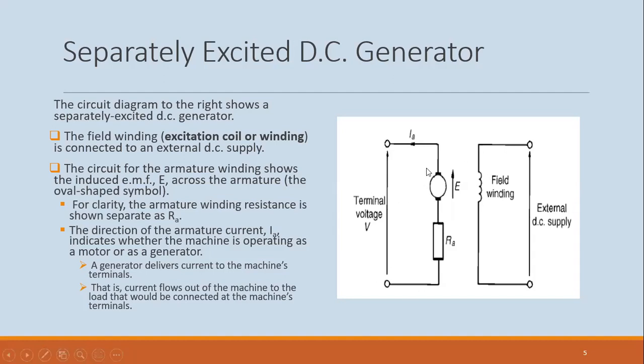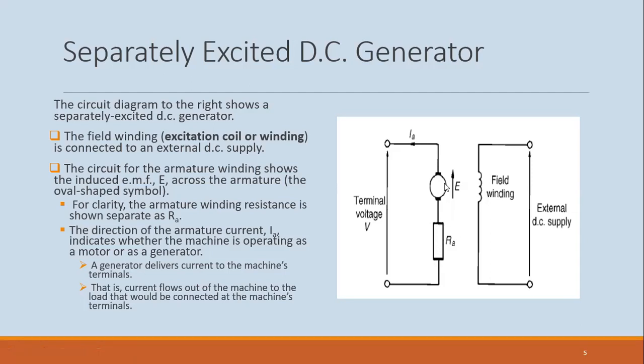There's a note here that although this oval is representing the armature, and these would be the brushes resting on the commutator, the resistance of the armature winding is shown separately for clarity. So it is part of the armature, but it is drawn separately.